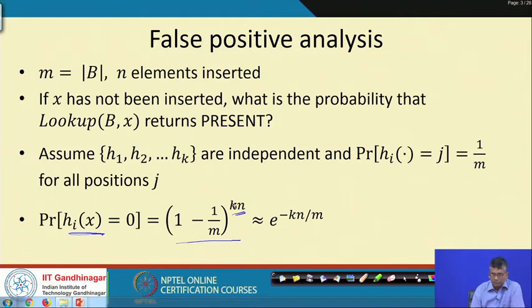And this is approximately e to the power minus k n by m, and we will use this approximation. We get this because 1 minus 1 by m to the power m is approximately e to the power minus 1, and therefore 1 minus 1 by m to the power k n is like e to the power minus k n by m. This is a very tight approximation. You can do slightly better analysis than this, but this is what we will stick to.